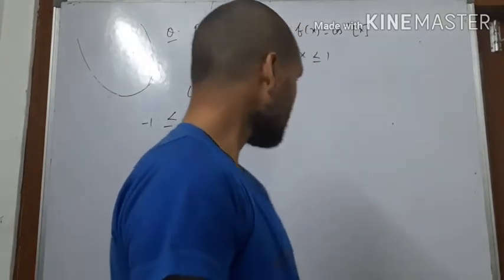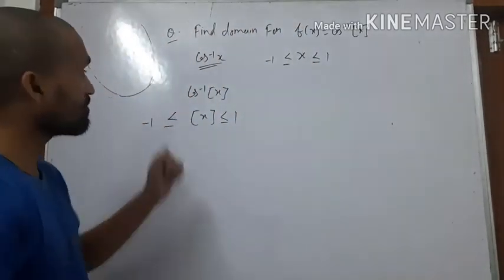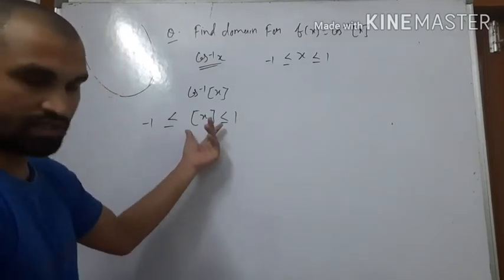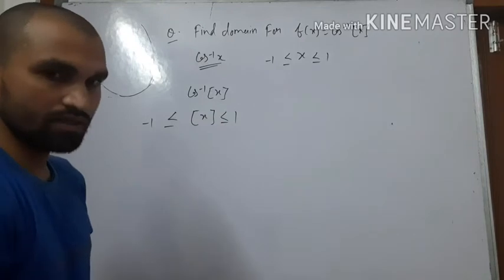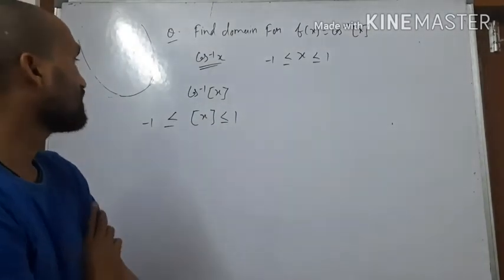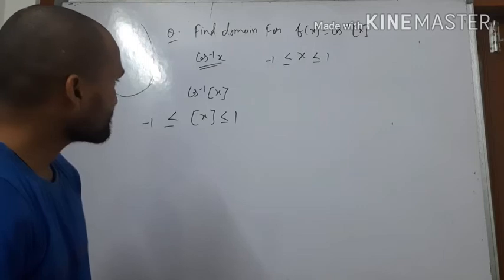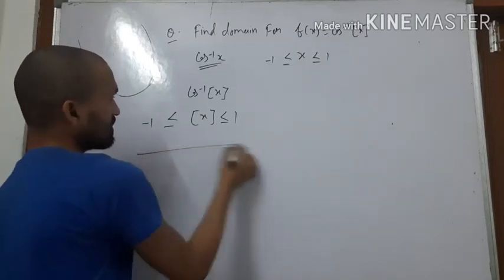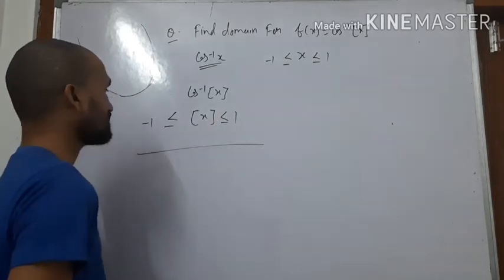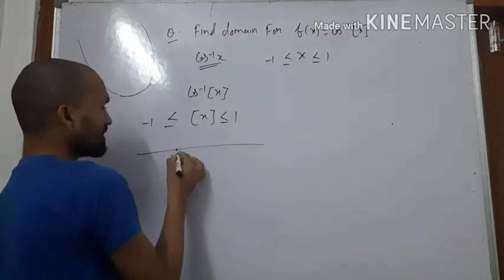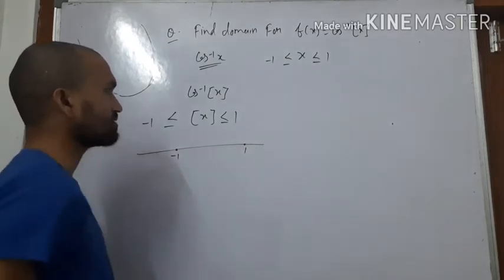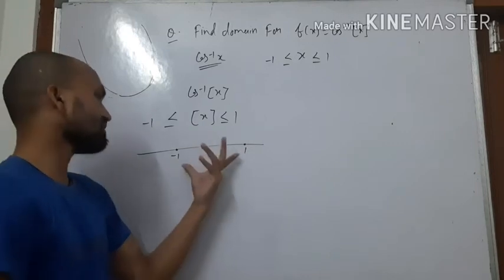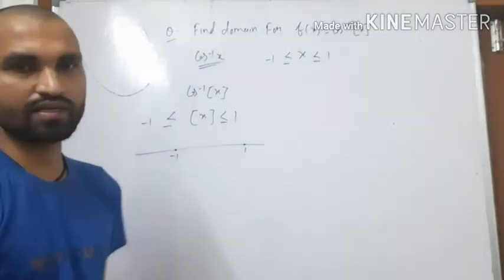Okay, now we have to remove the greatest integer sign and convert this part into x. If we show this on the number line, here will be -1 and here will be +1, and greatest integer x should belong between these values including the end points.